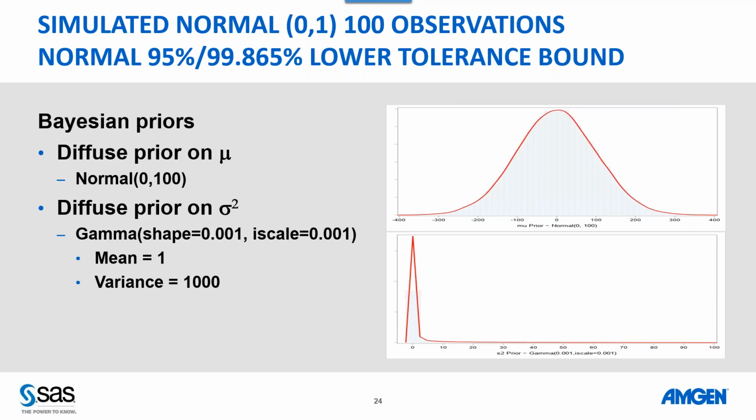Professor Gelman has some recommendations as to other distributions like a half Cauchy or half t for variance components. But in our experience, at least the gamma has worked well in some problems.